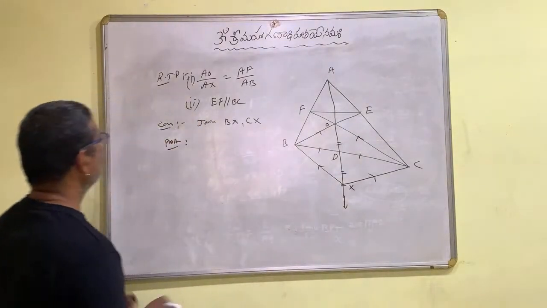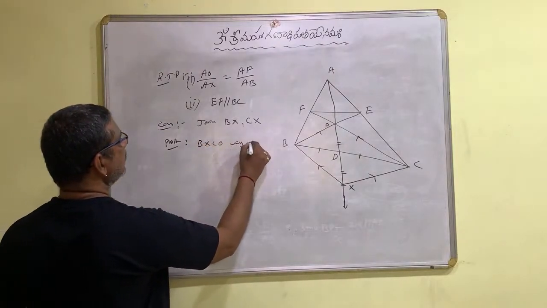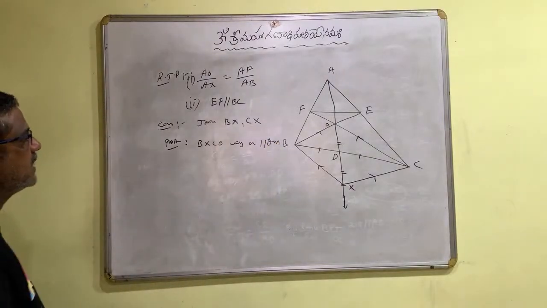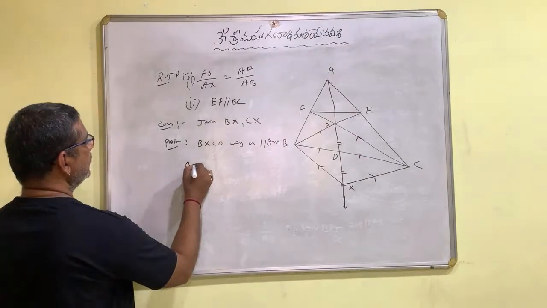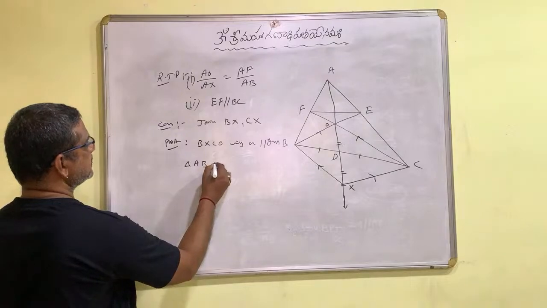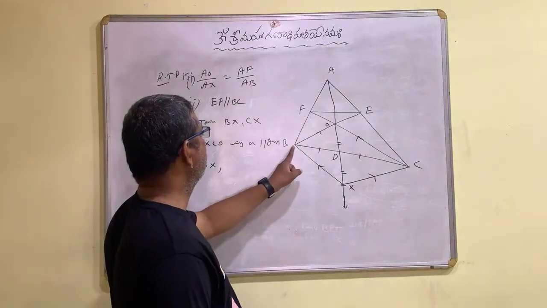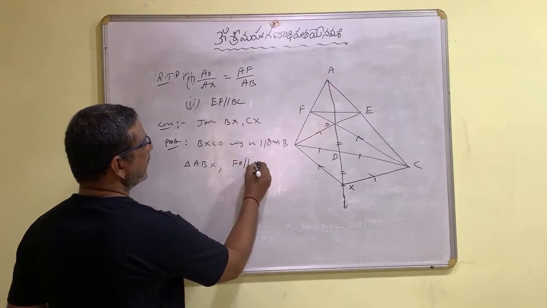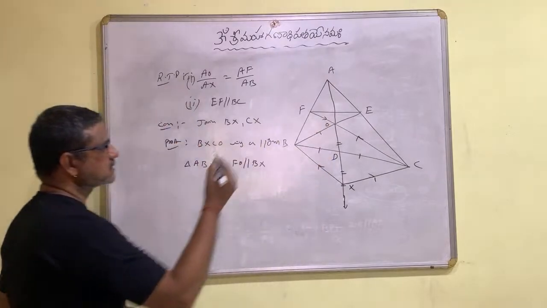Now, write down. BXCO is a parallelogram. Now, children, consider triangle ABX. FO parallel to BX.